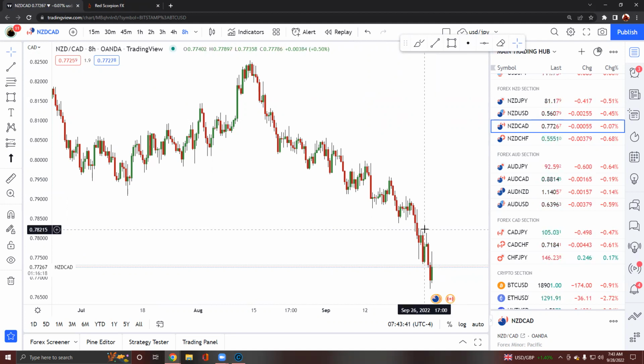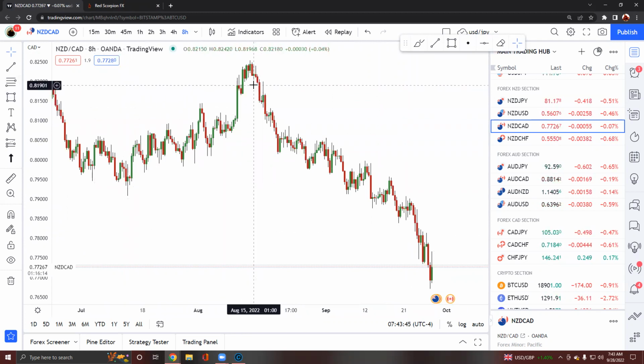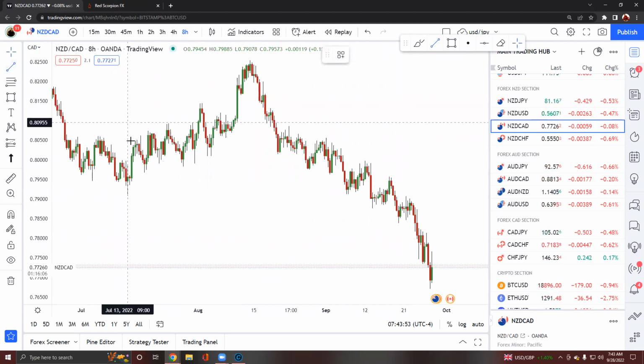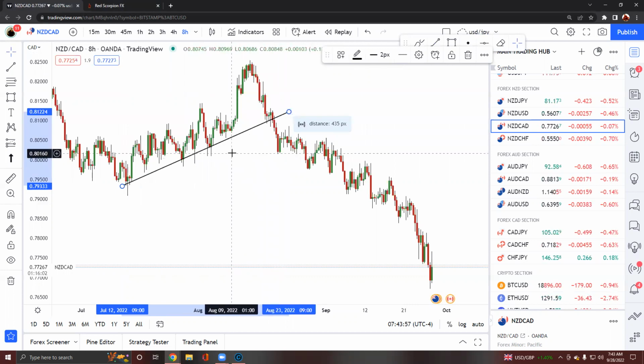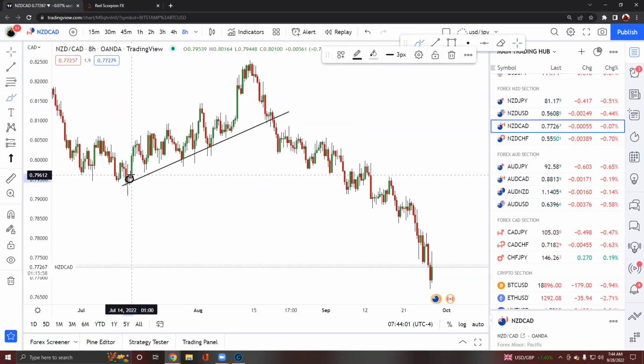So the first thing I'm going to do right here is identify the past to confirm the future. So we're going to identify the levels of the past to confirm the future levels. So right here, I'm going to get a trend line. And why do I get this trend line? Because I can see in the past how it touched above. It came here every time and touched this level.